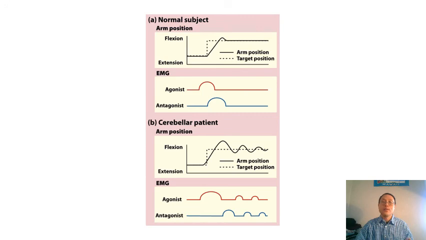In A, during a rapid elbow flexion in a normal subject, the agonist muscle produces a burst to propel the limb. This movement is braked by activation of the antagonist triceps. So the agonist comes on, followed by a very fast opposing movement by the antagonist muscles.